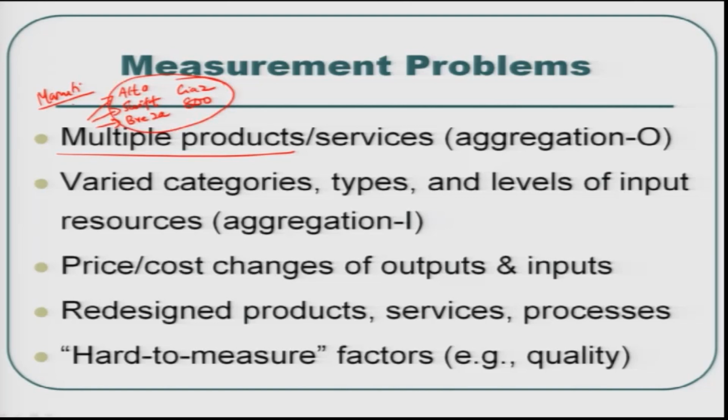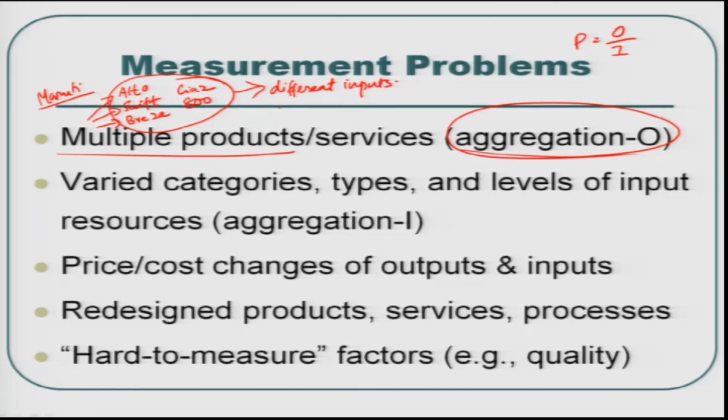So when you have multiple products, they will have different requirements or different inputs. Okay. So when you have multiple products and you want to do the productivity measure, remember productivity is output over input. Measuring the productivity becomes a problem because of the aggregation of the output.